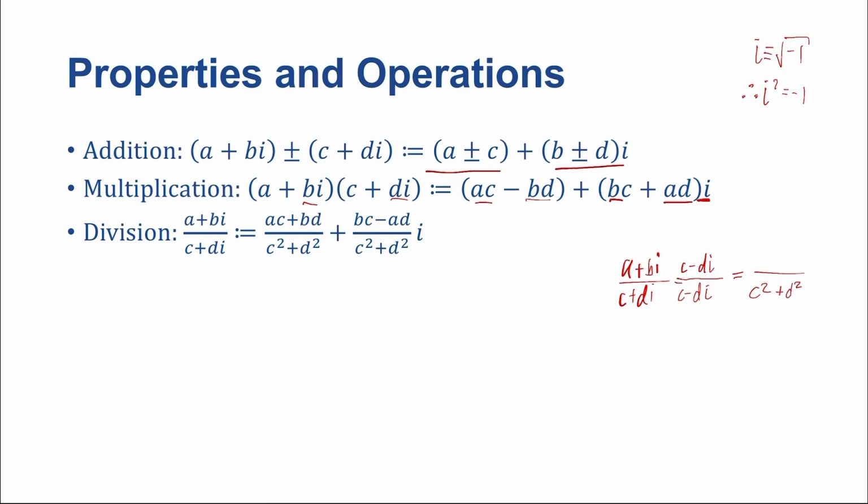This is going to be a little bit less trivial, but it's just the solution that we got up here for the multiplication. So we've got ac minus bd plus (bc plus ad) times i. And all I did here was separate this into the form real number plus imaginary number to make the complex number.